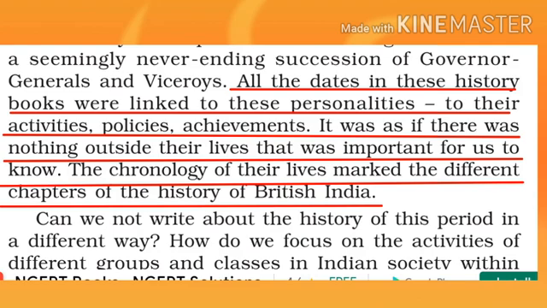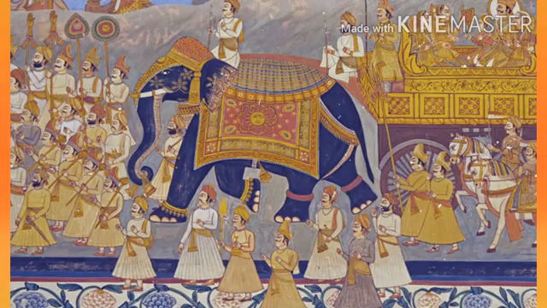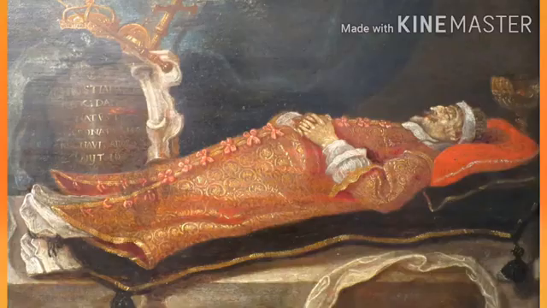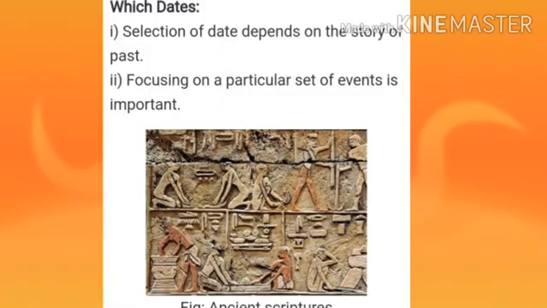Earlier, history was an account of battles and big events such as the year some king was crowned, the year he was married and had a child, the year he fought a particular war or battle, the year he died, the year the next ruler succeeded to the throne. So here we can say that for the people connected or close to the king, those dates were important.